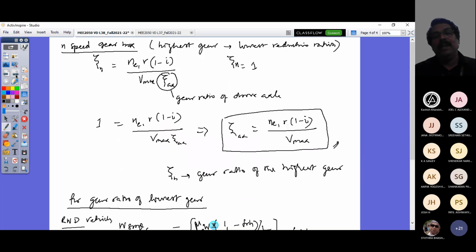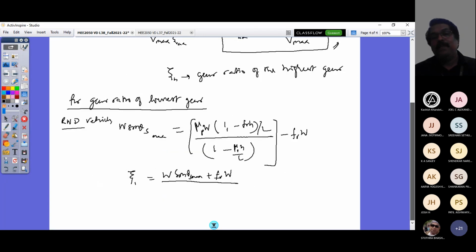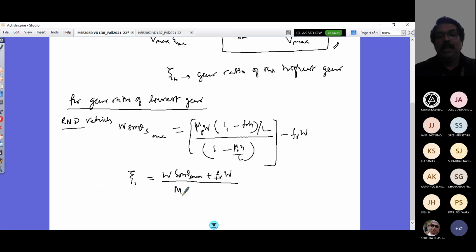So I will have this expression here: ME, engine torque, multiply ME max, maximum torque, and then drive axle ratio and efficiency divided by R, that goes up, and then numerator R. So this is what is going to decide my lowest gear ratio in my rear wheel drive vehicle. If it is a front wheel drive vehicle, the expression would be changed here, that you know, right?